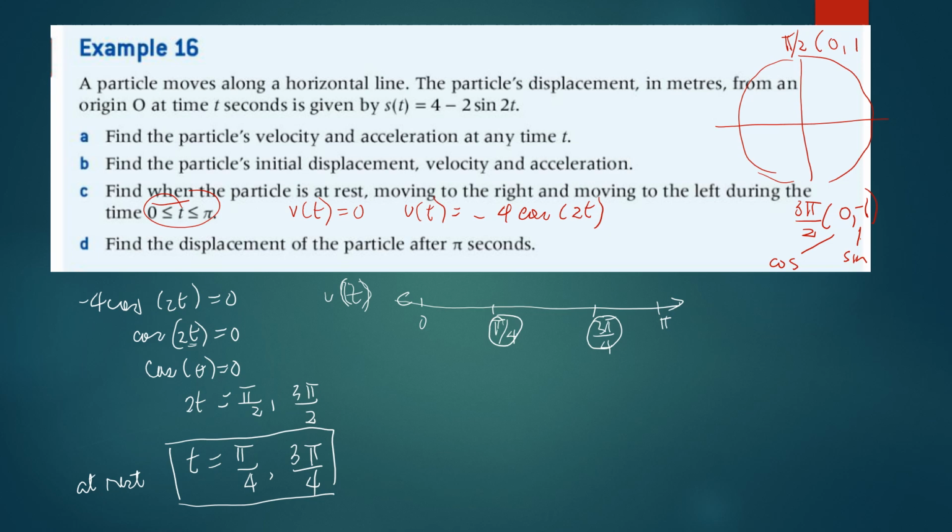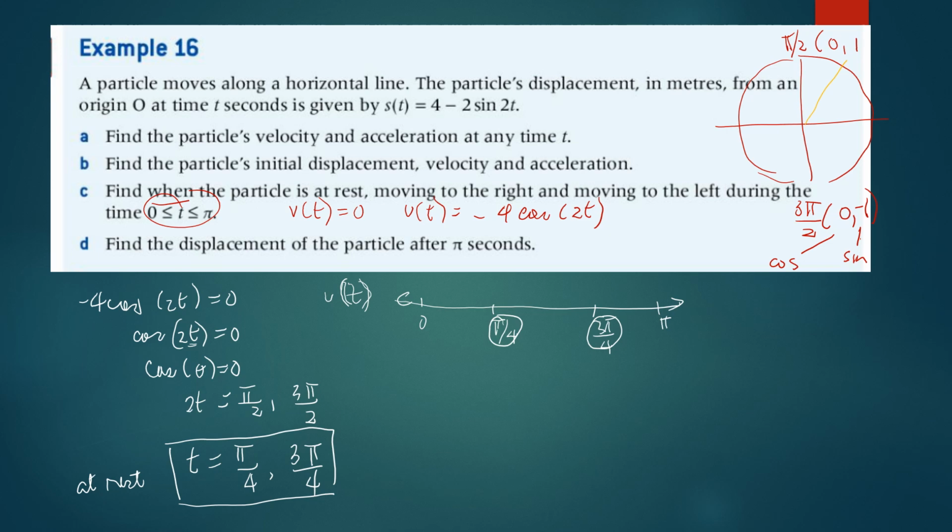Okay, so pi over 4 is here. So between 0 and pi over 4, what's an angle less than that? We can use pi over 6, right?